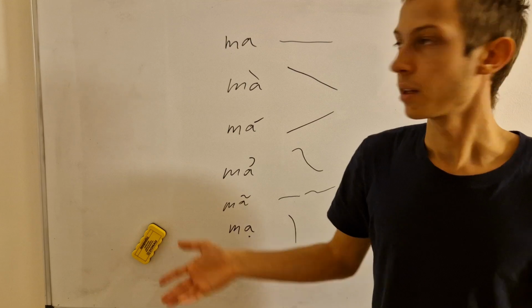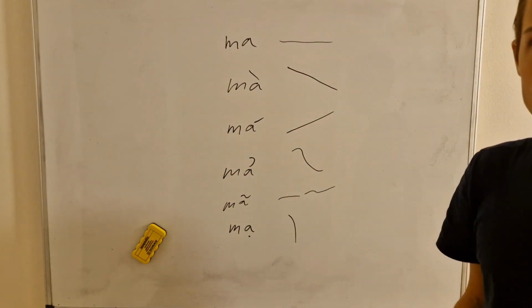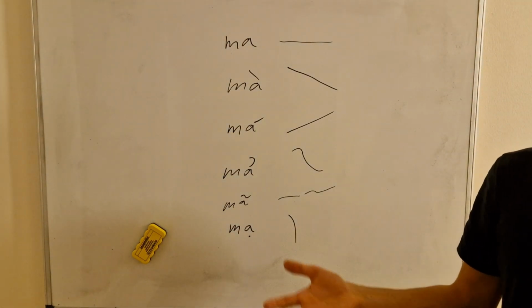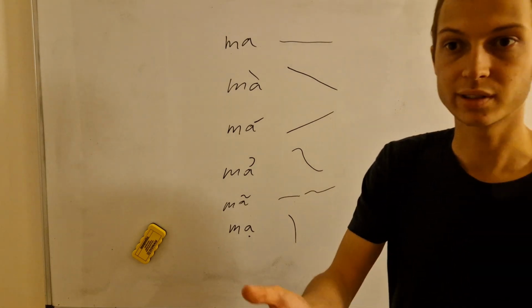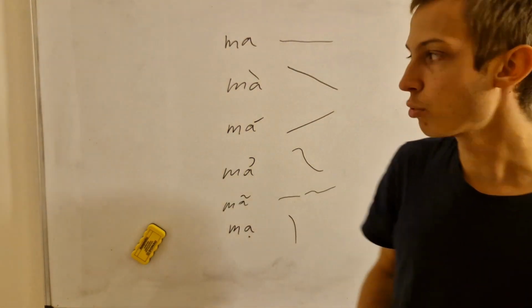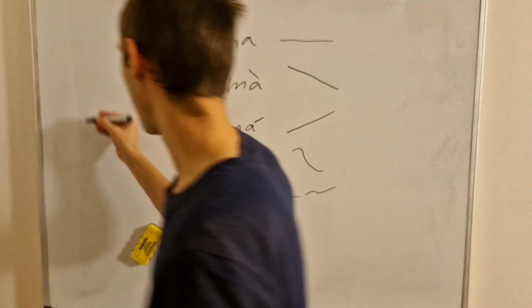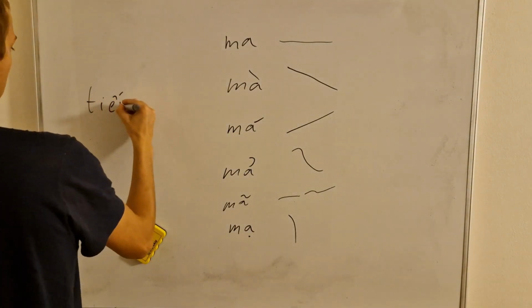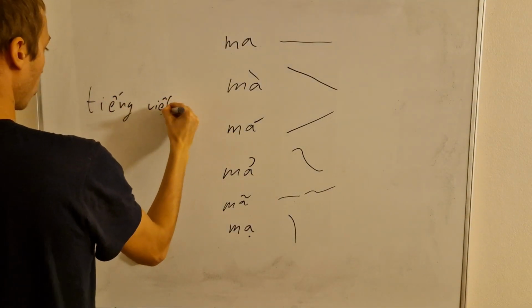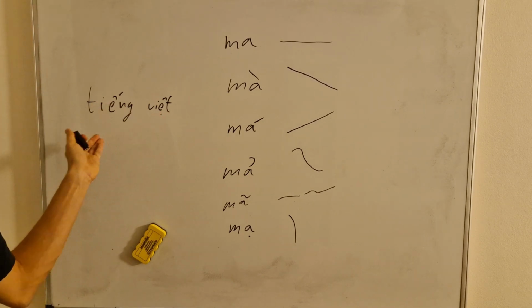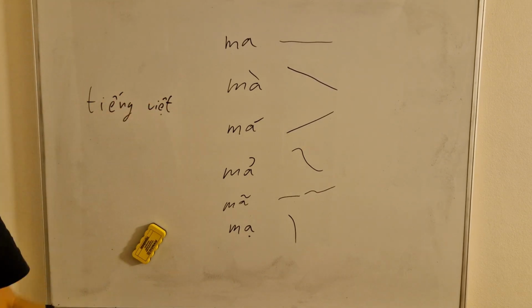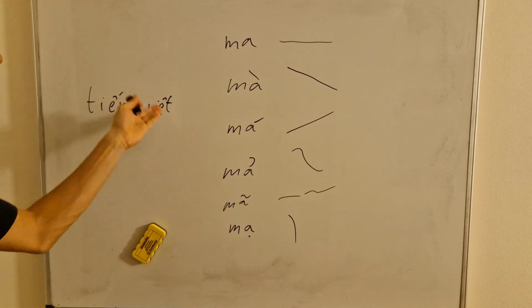So generally, a single syllable word in Vietnamese, which basically all words are, it's all single syllable units. Then if you put more single syllable units in a row, like the word Vietnamese is basically two single syllable words, they both have their own tone, namely the rising one and the falling one.